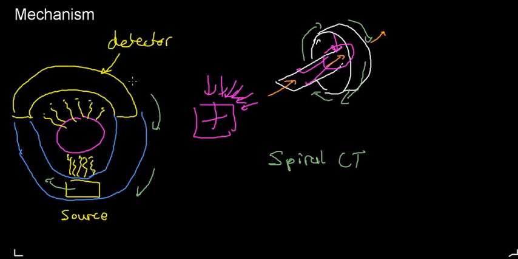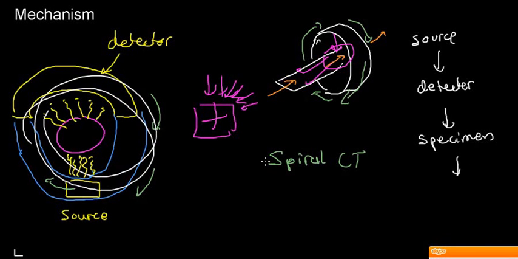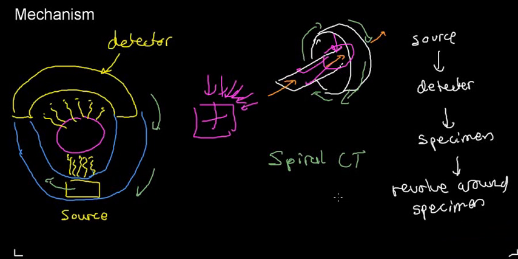What you really need to understand from all of this mechanism is that you have a radiation source, you have a detector across from it, you have the specimen in the middle, and these two revolve around the specimen. And when I say specimen, I really mean someone, a person.